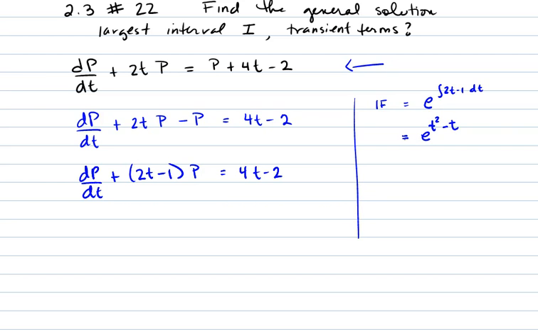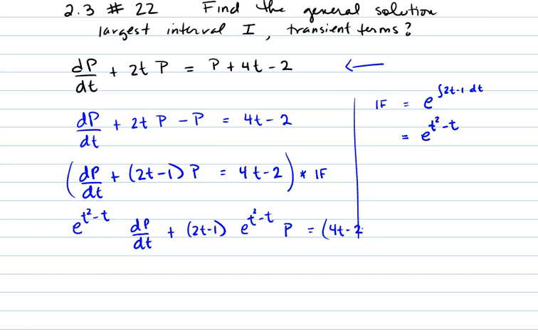The next step is we multiply this equation times the integrating factor to obtain e to the (t squared minus t) times dp/dt plus (2t minus 1) e to the (t squared minus t) times p equals (4t minus 2) times e to the (t squared minus t).